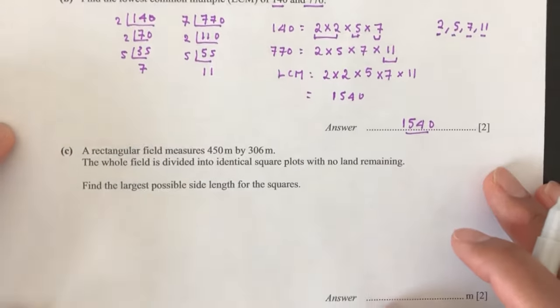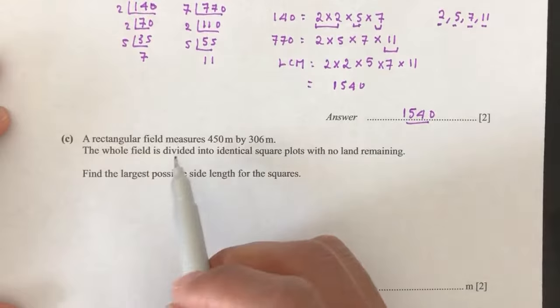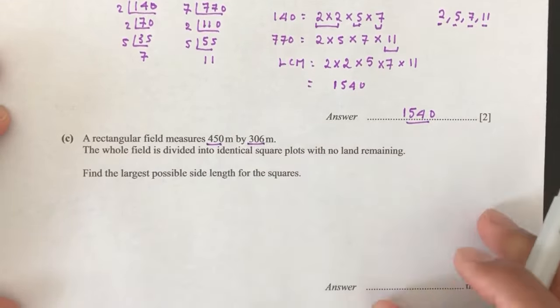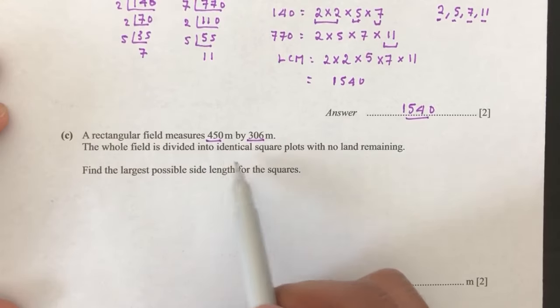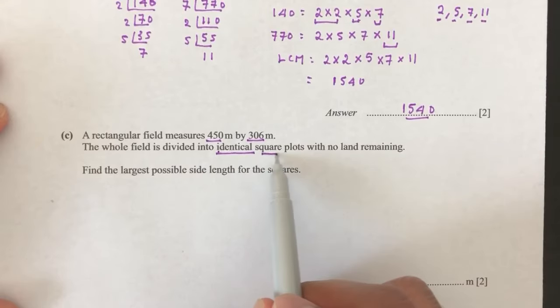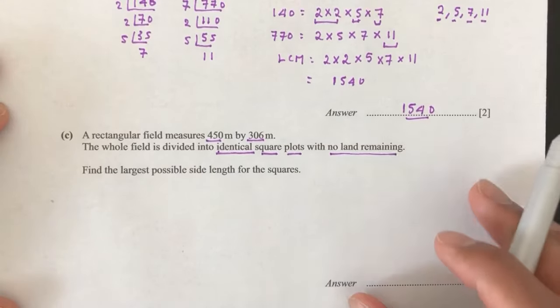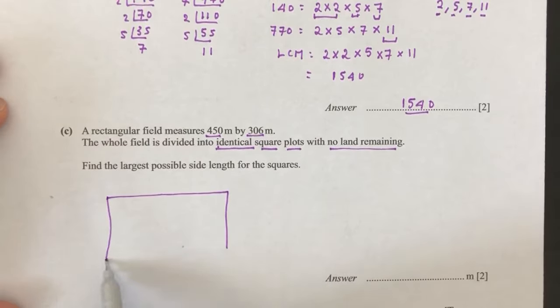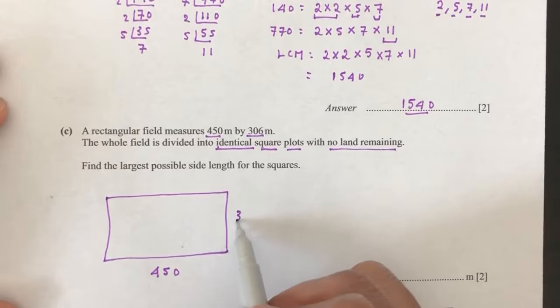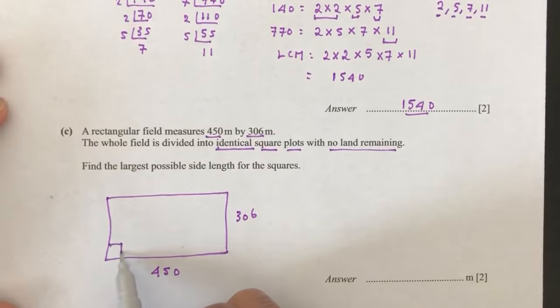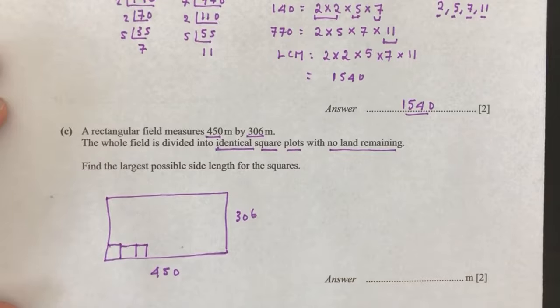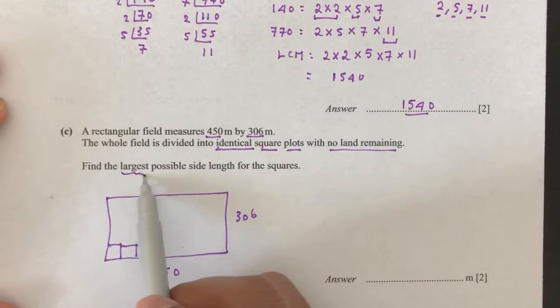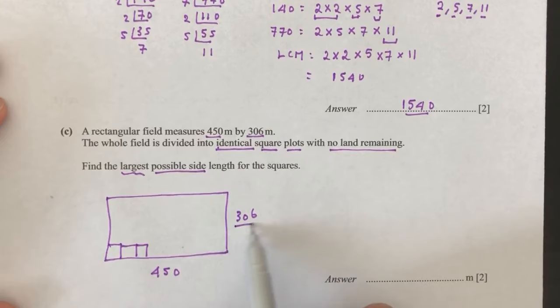Now part C, it says that a rectangular field measures this much by this much. The whole field is divided into identical square plots with no land remaining. So we have this. This is 450 and this is 306, and we have square plots. In this case, as you can see, we need to find the largest possible side. We have to find the highest common factor of those two numbers.